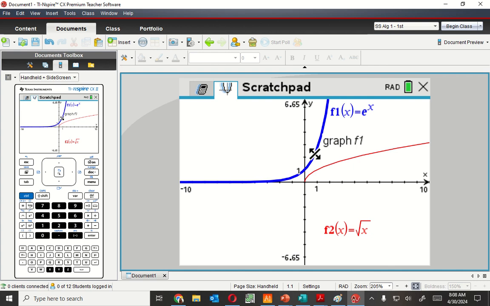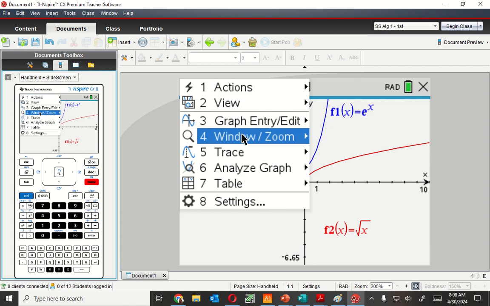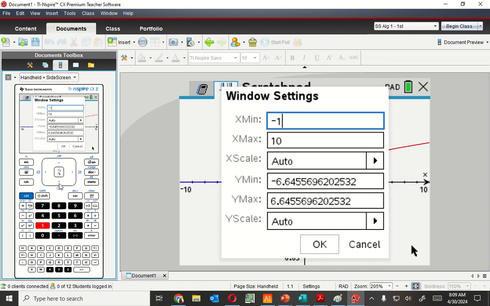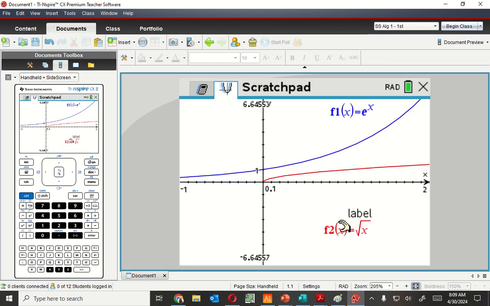Since it does look something like what I drew, go to menu, window, and let's change this to -1 just so I have a little bit of wiggle room. And X max would go to 2. We're finding the interval in between here and here.